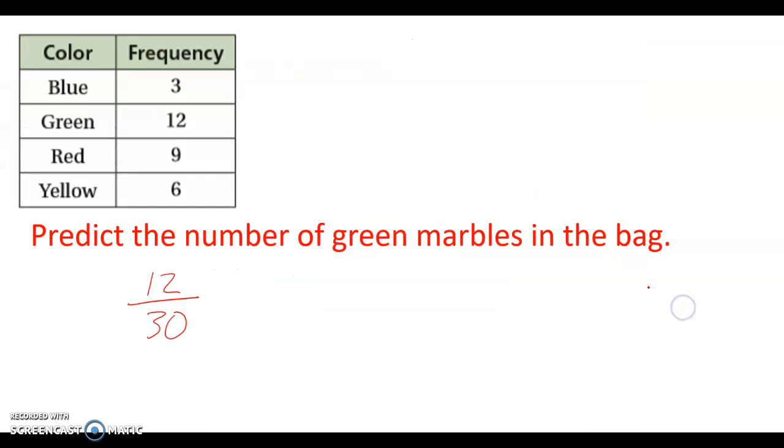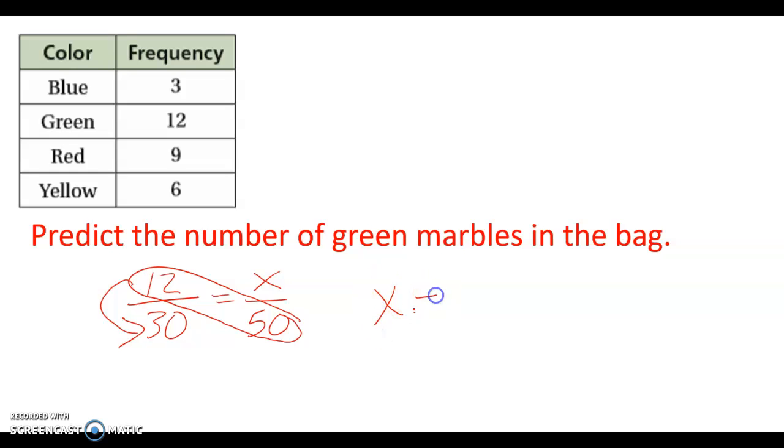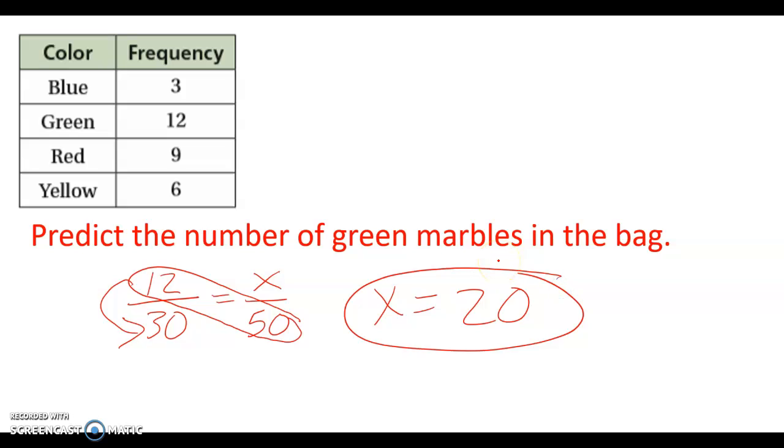So we're predicting how many green there are in the bag. If the bag has 50, we put 50 on the bottom, and we're going to try to predict how many green ones there are. So now you just do your cross products. You go 12 times 50 and divide it by 30. And our prediction would be 20. So we would predict that there would be 20 green marbles in the bag based off of our experiment.